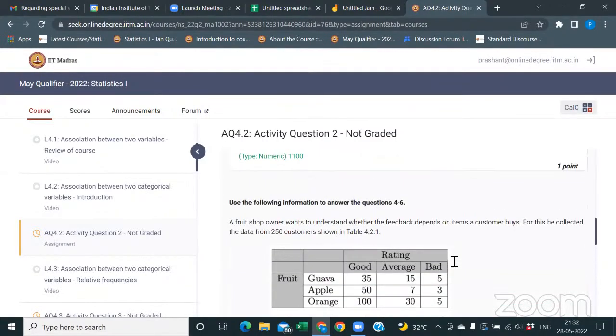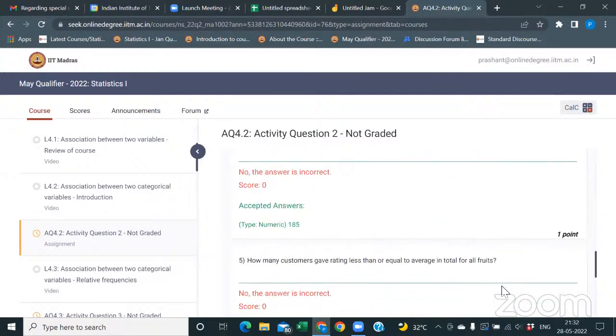For bad it's 13. 15 plus 7 is 22, plus 13, that will be 52. It will be 52 plus 13, that means 65. Right? Yes, sir.